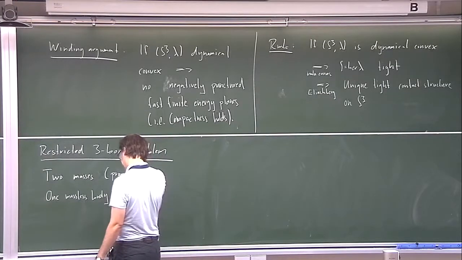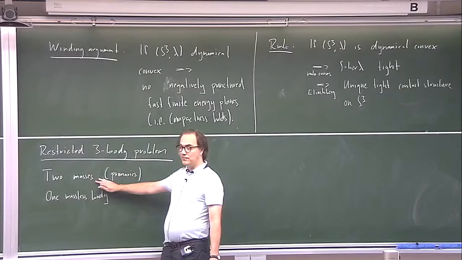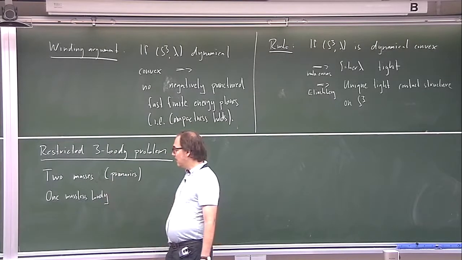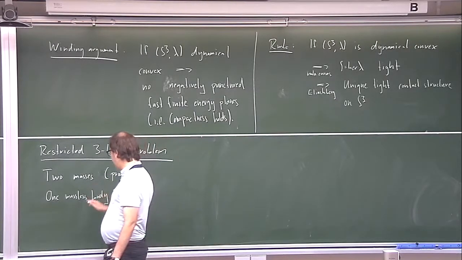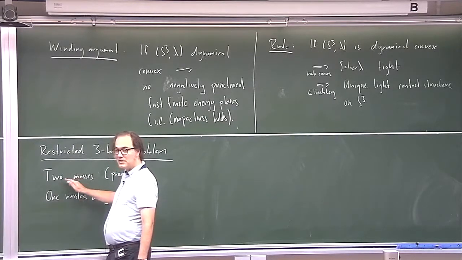Two masses is a two-body problem, which we can solve. Because the third body is massless, it does not influence the other two, so this is really a two-body problem.